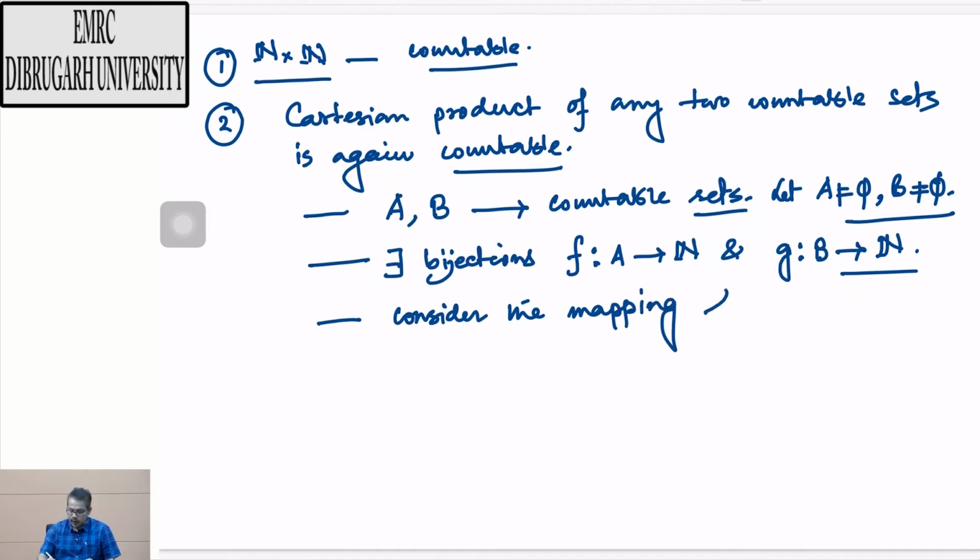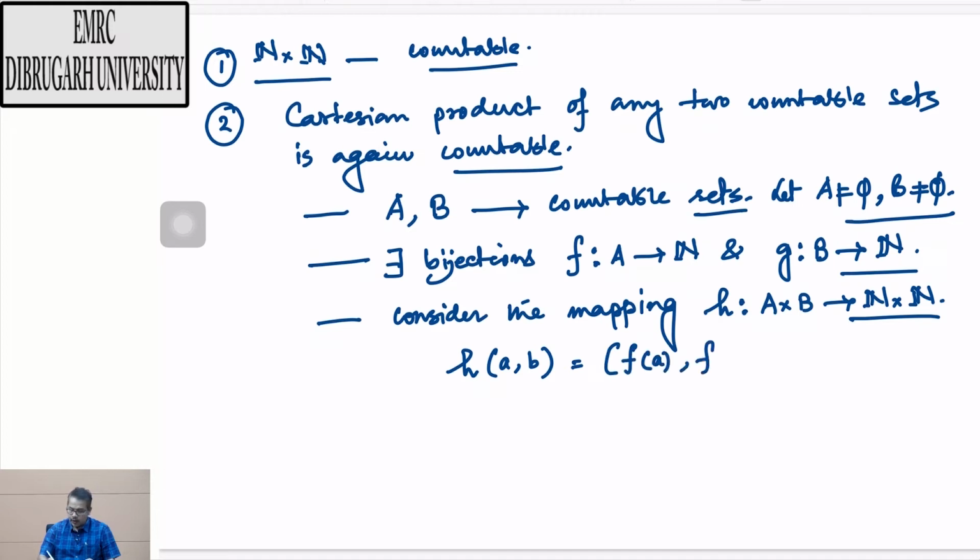Let us call it H, from A cross B to n cross n. How is this defined? H of (a, b) equals (f of a, f of b).